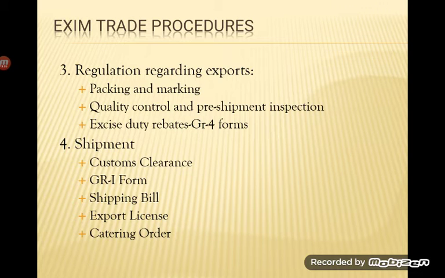The reason why the Reserve Bank of India requires this GR1 form is mainly for getting the accountability of all the foreign exchange activities that are happening in our country. So that is one important document which is required.